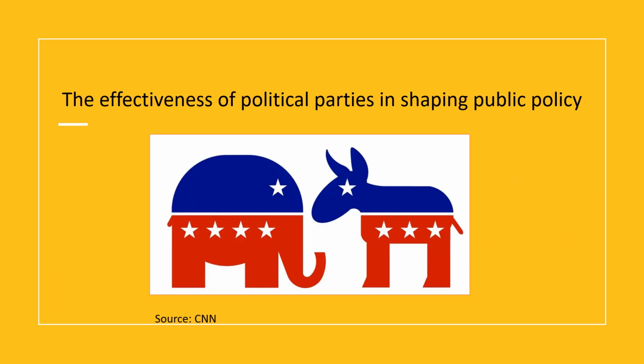Now we're going to talk about the effectiveness of political parties in shaping public policy. Now some of you may be wondering, why am I looking at this cartoonish image of an elephant and a donkey, and we're going to be talking about the effectiveness of political parties in shaping public policy? The reason is that the elephant emerged in the 1800s as the symbol of the Republican Party.